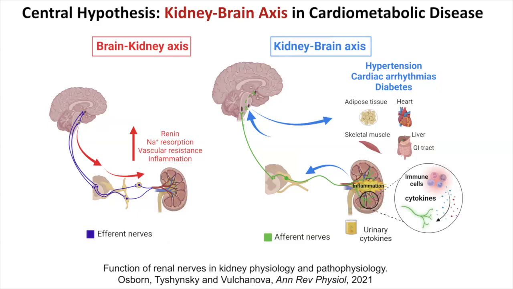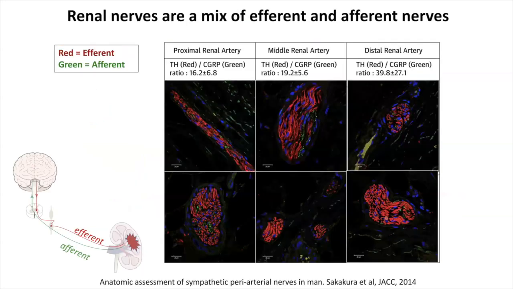That is, you have inflammation in the kidney that is stimulating these sensory nerves from the kidney up to the brain, modulating these autonomic networks, and then influencing sympathetic activity to these different organs, resulting in different things. I'll talk a bit about this. We think that the cytokines that are present in the kidney with this inflammation may show up in the urine, so we're working on the idea of a biomarker to predict efficacy.